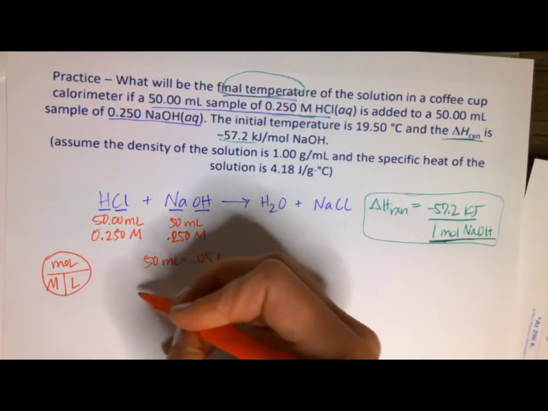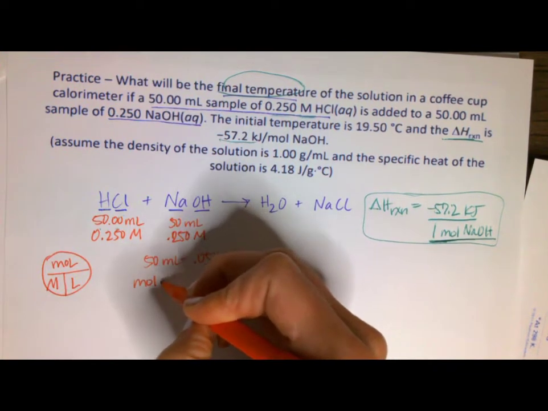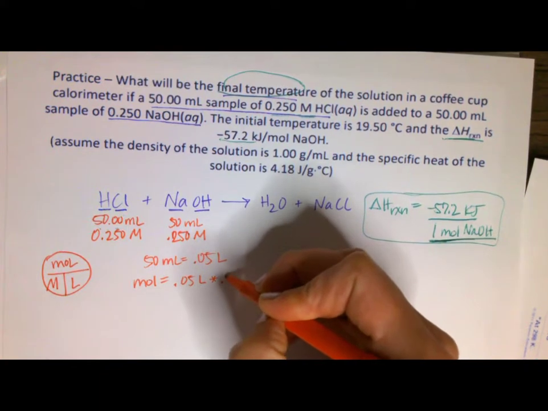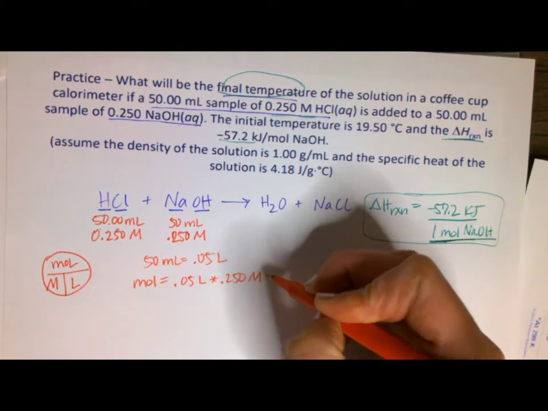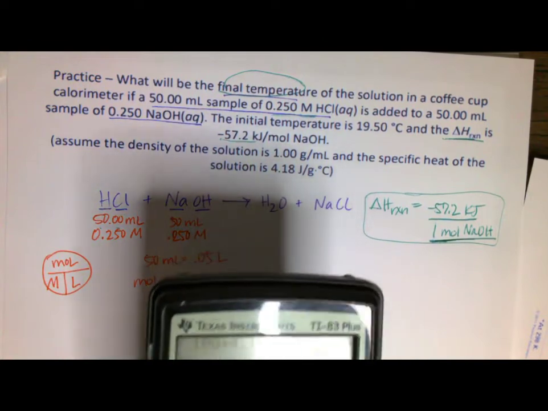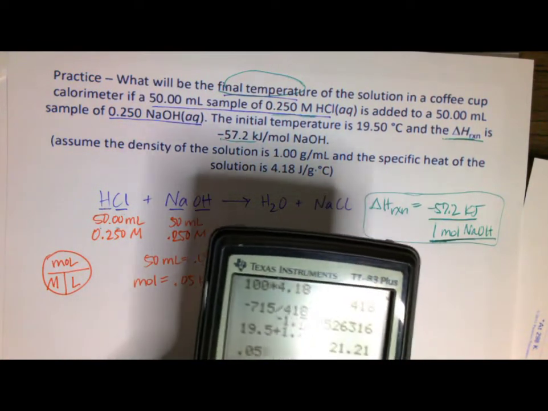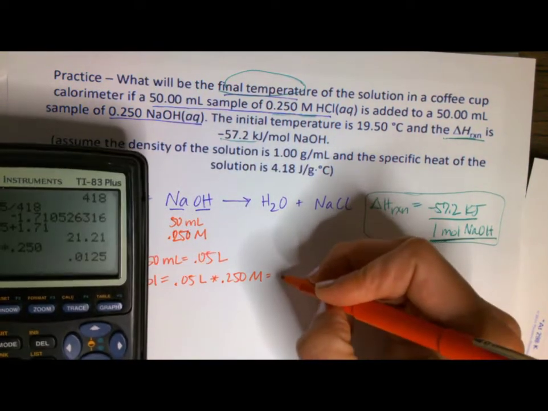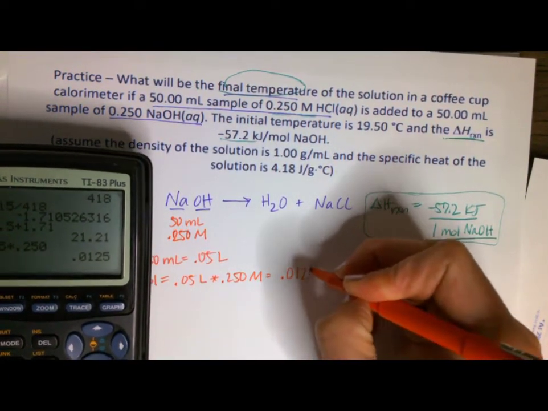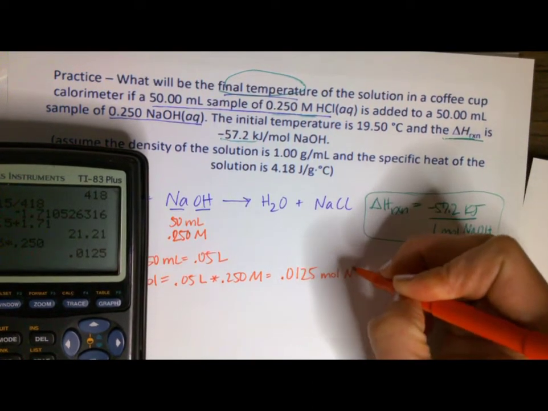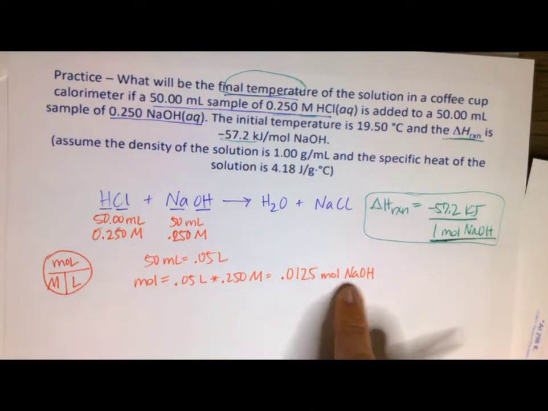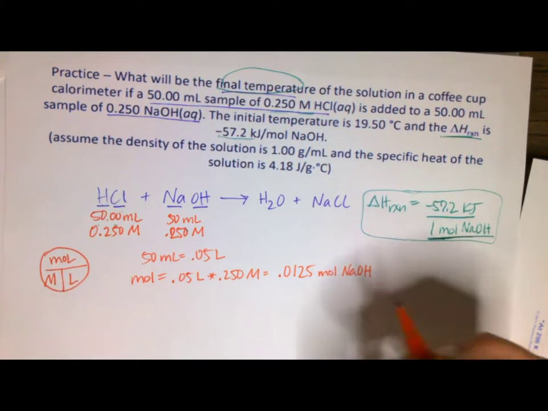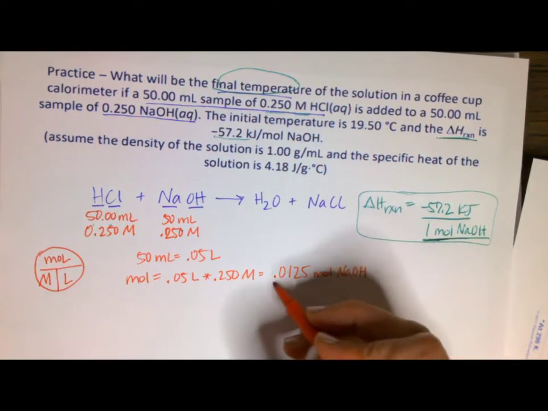So to find moles, I'm going to do 0.05 liters times 0.250 molarity to get 0.0125 moles of NaOH, and 0.0125 moles of HCl was also used. So we did not use 1 mole.